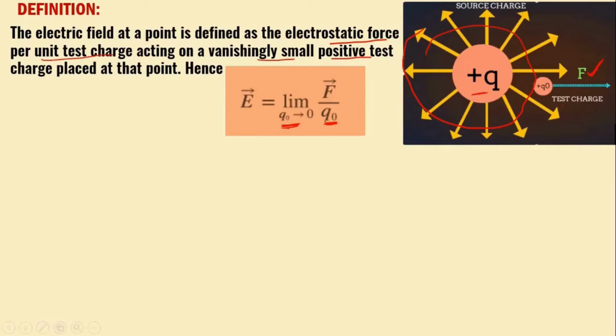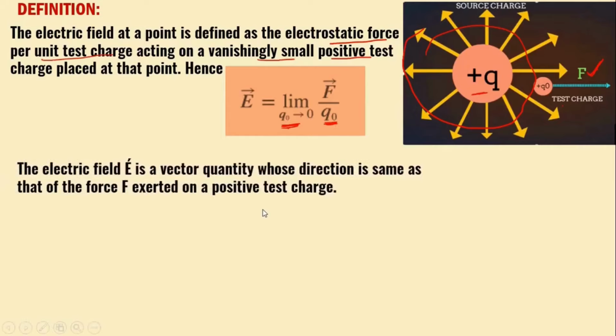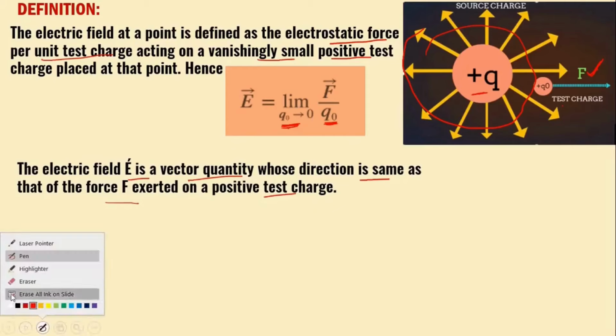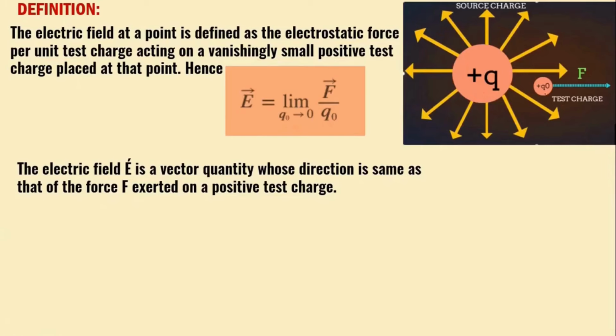Now, I will explain why we need a vanishingly small positive test charge, but before that, let's look at the electric field. Here, E is a vector quantity. Why? Because its direction is the same as that of the force F experienced by a positive test charge. If we place a test charge at this point, it will experience a force in this direction.